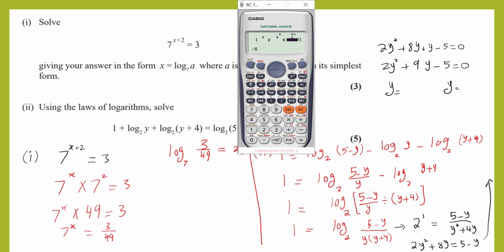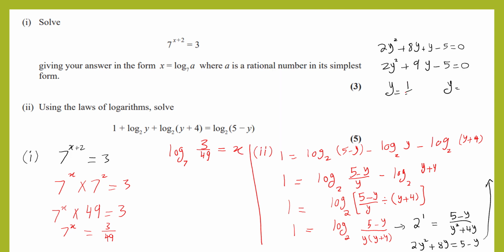So the first answer is half and the second is negative 5. We cannot take the negative 5. So the answer would be half, and negative 5 is rejected.